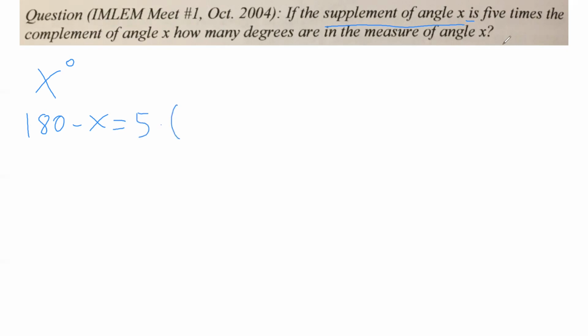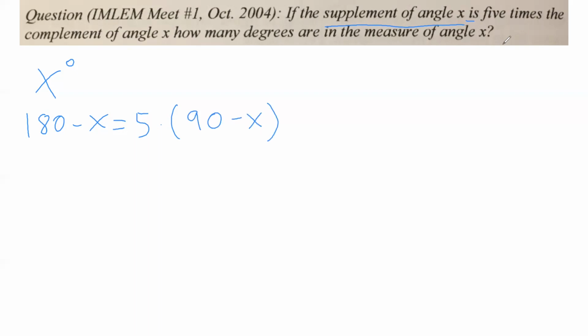Okay, so let's start. They give us an angle x. They're talking about the supplement of angle x, which by our definition we know is 180 minus x. And they're also saying is, which means equals. So this is equal to 5 times the complement of angle x, which we defined as 90 minus x.